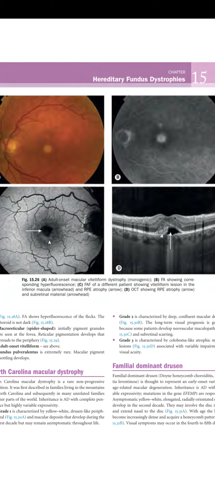So this hyperfluorescent area is giving us a vitiliform lesion, and hypofluorescent is atrophy. And this is OCT showing the RPE atrophy. The arrow is showing atrophy, and the arrowhead is showing the subretinal material.